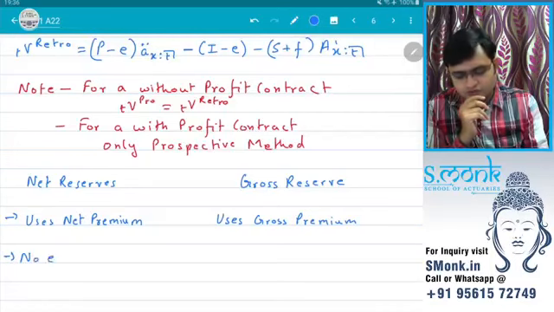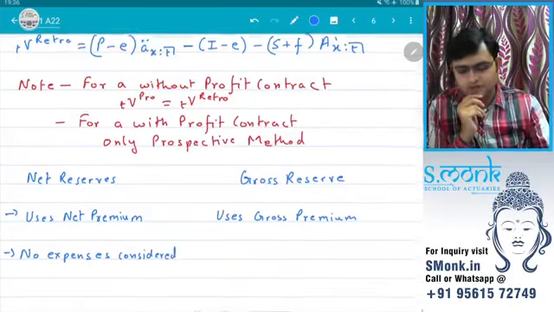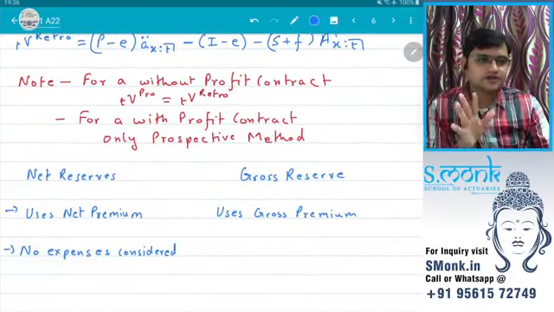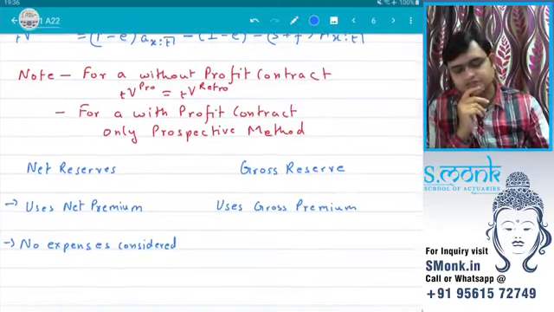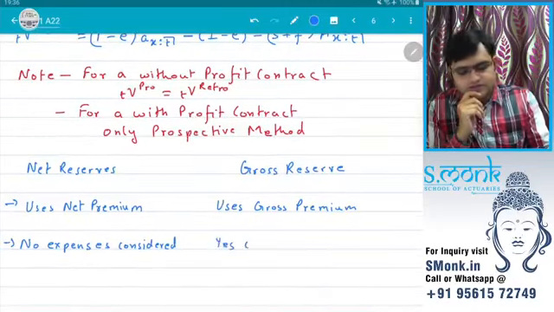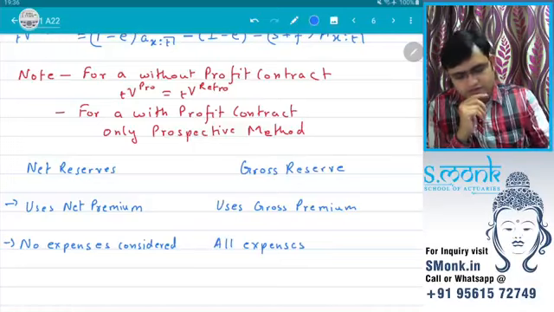For net reserves, no expenses considered. No expenses and commissions are considered here. For gross reserves, all expenses considered.